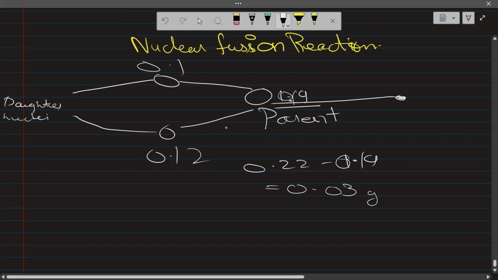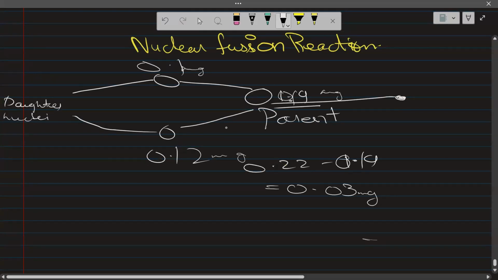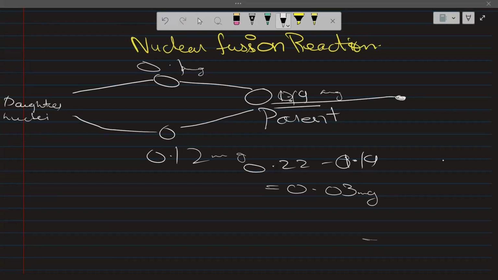These are milligram masses, because this is 0.1 milligram and this is also milligram, and this is also milligram. So 0.03 milligram of mass has been transferred into energy.